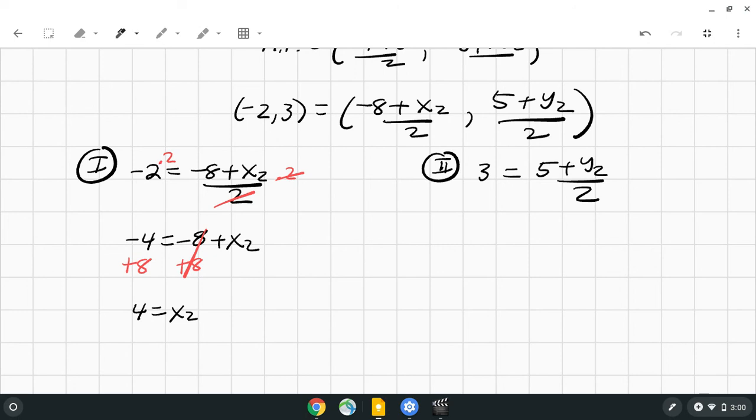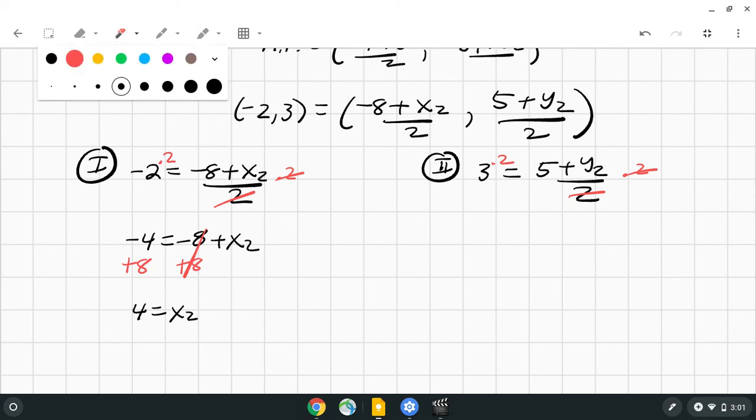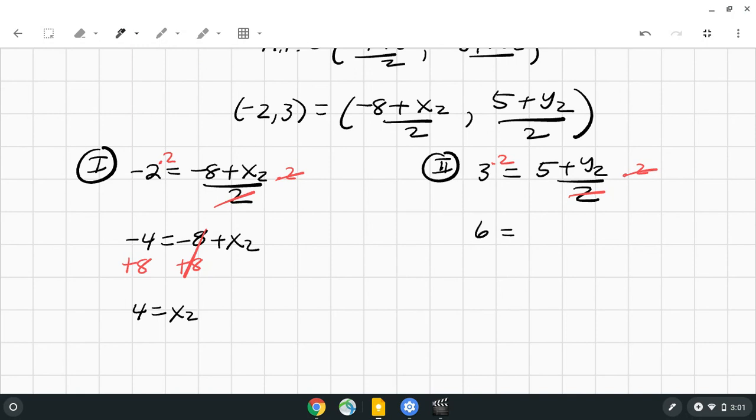I'm going to do the same thing over here with the y2. I'm going to multiply both sides by 2 to clear my fraction. So here they cancel out, and I end up with 6 on the left-hand side. So 6 equals 5 plus y2.